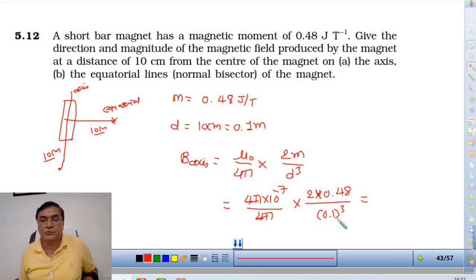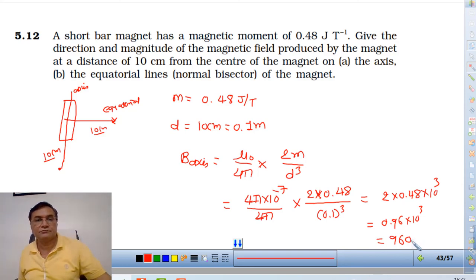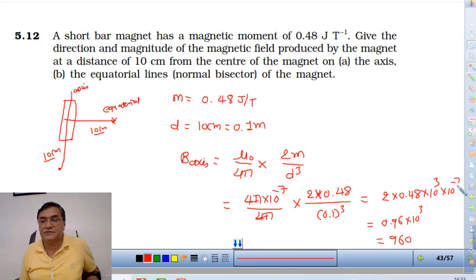This 0.1 cube is 0.001, 10 raised to minus 3. So 2 into 0.48 into 10 raised to 3. I just simply multiply 48 by 2. So 0.96, I think, yes, into 10 raised to 3. So 960 into 10 raised to minus 7.